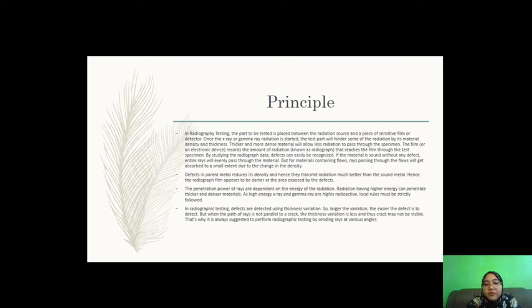So, the larger the variation, the easier the defect is to detect. But when the path of the ray is not parallel to a crack, the thickness variation is less and those cracks may not be visible.